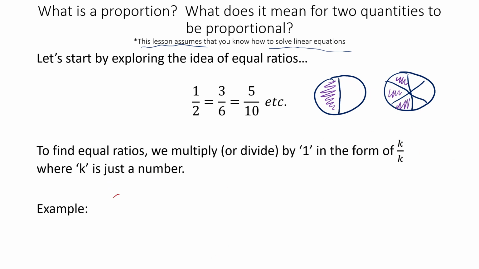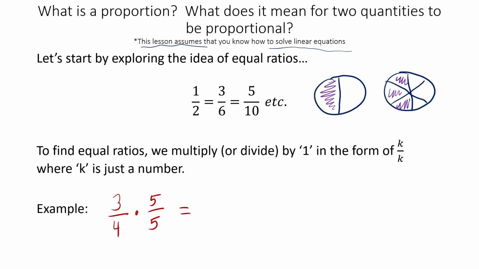Suppose I have 3 over 4, and I want to find another equal ratio for 3 over 4. I'm going to pick a number, and I'll pick the number 5, okay? And I'm going to multiply by 5 over 5. Now, 5 divided by 5 is 1. So 3/4 times 1 is going to be 3/4. But according to my laws of multiplying fractions, I'm going to multiply straight across.